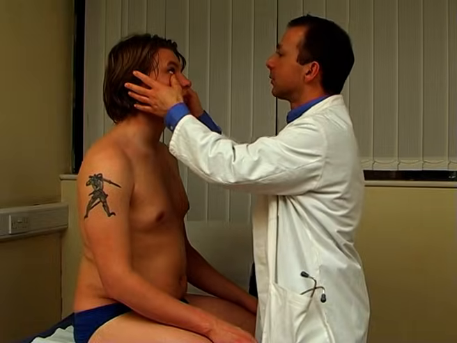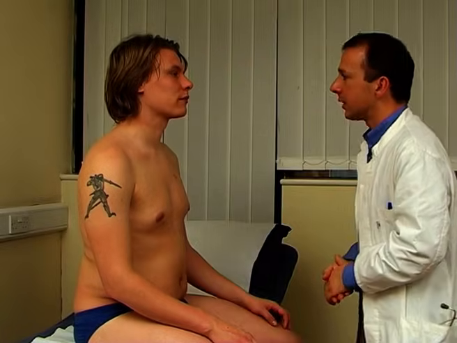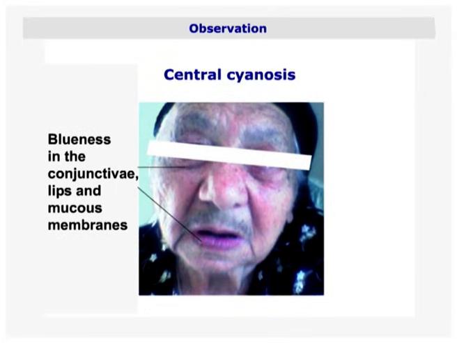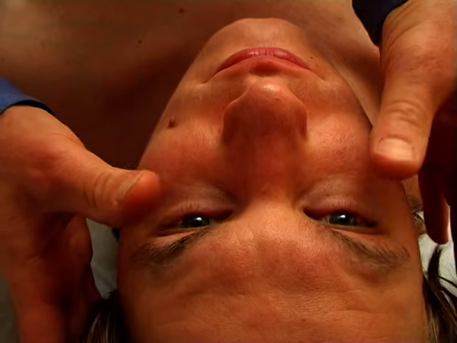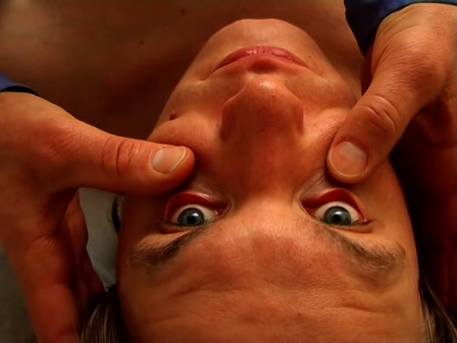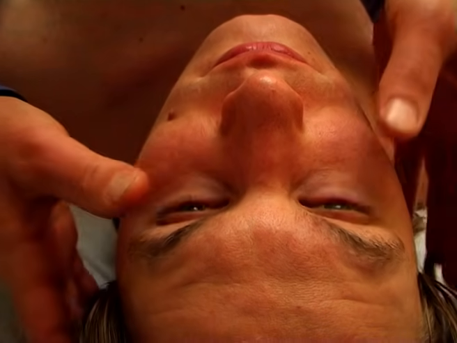Now inspect the face more closely. Examine the eyes and mucous membranes for evidence of anemia and central cyanosis. Central cyanosis is best examined in the mucous membranes of the lips and the conjunctiva of the eyes. Central cyanosis will signify either cardiac or respiratory anomaly.